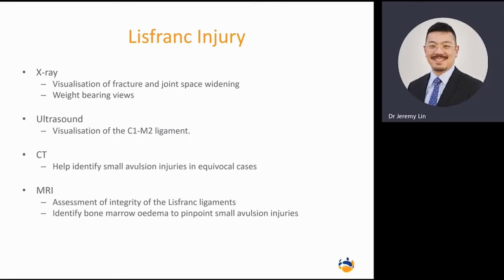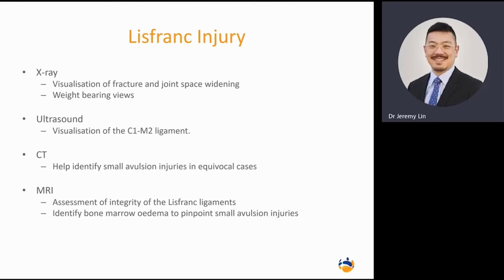CT is useful in Lisfranc injuries because sometimes subtle avulsion fractures involving the base of the metatarsal and the cuneiforms can be difficult to visualize on X-ray. So in equivocal cases where we've got subtle widening, we would often go to CT to see whether there are avulsion fracture fragments. And if there are, we would then go to MRI to look for Lisfranc ligamentous injury.